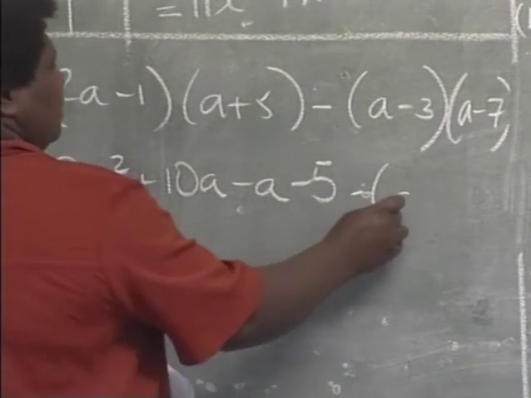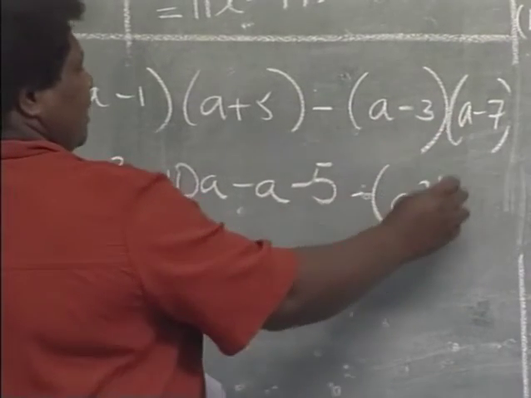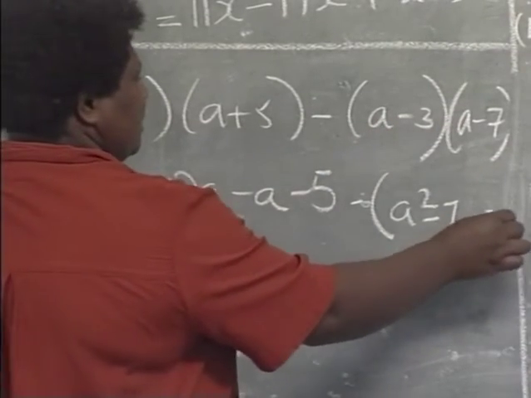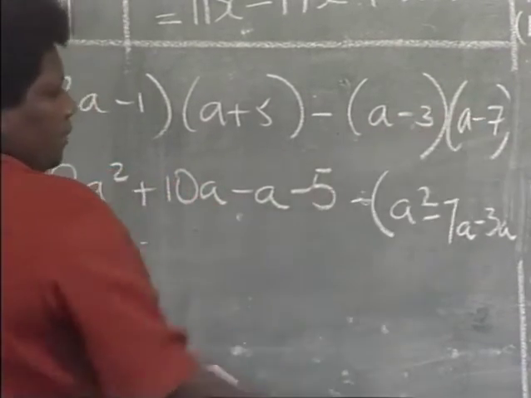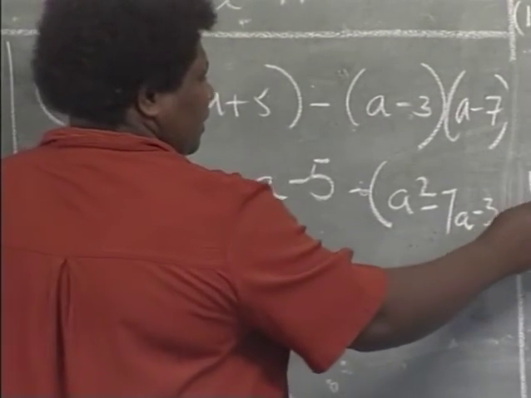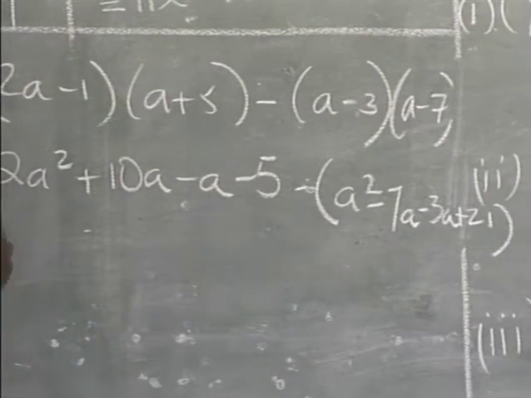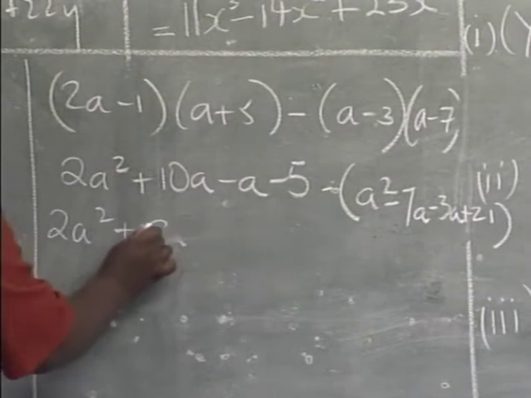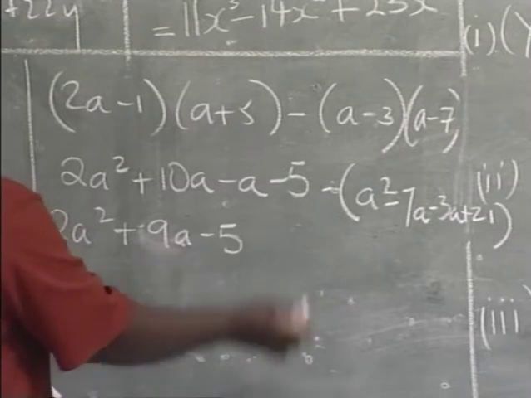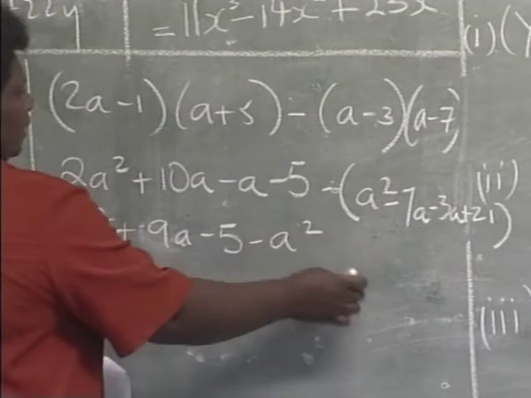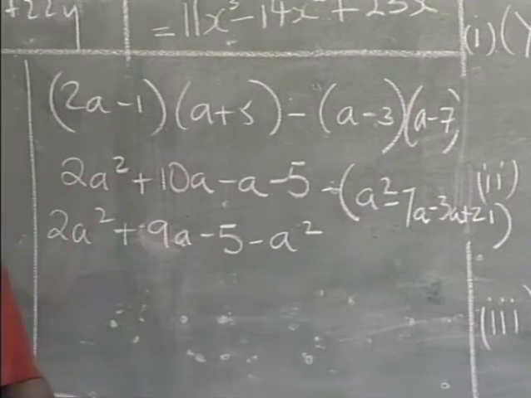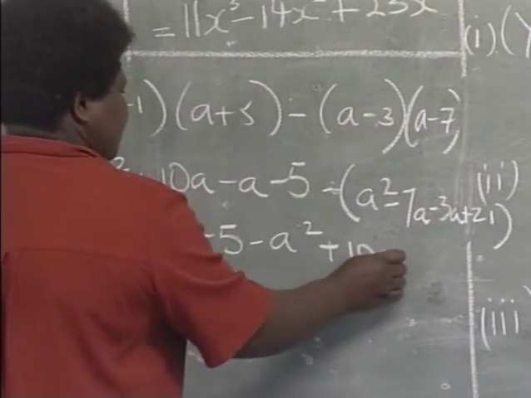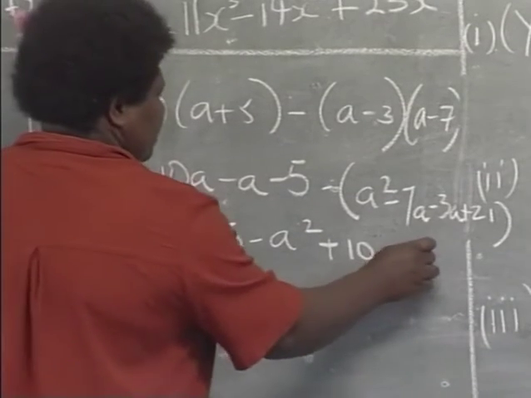A times a is a squared. A times minus 7 is minus 7a. Then minus 3 times a is minus 3a. And minus 3 times minus 7 is positive 21, which is 2a squared plus 9a minus 5 minus a squared, and then minus 7a minus 3a will give negative 10a, but there's a minus sign outside, so it will be plus 10a minus 21.